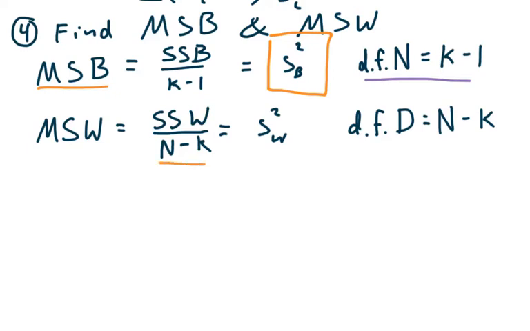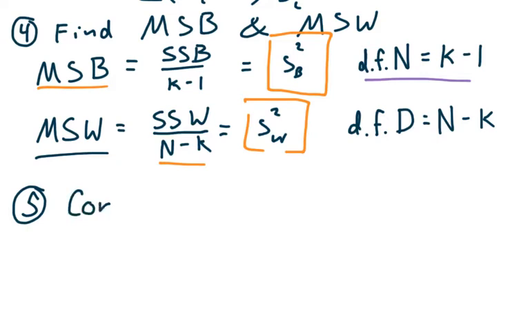Remember, to compute a variance, we're always just going to be taking a sum of squares and then dividing by the degrees of freedom to give us the average, the mean sum of squares. And then the last step, so that we can move forward with the hypothesis test, is we'll compute the F statistic.